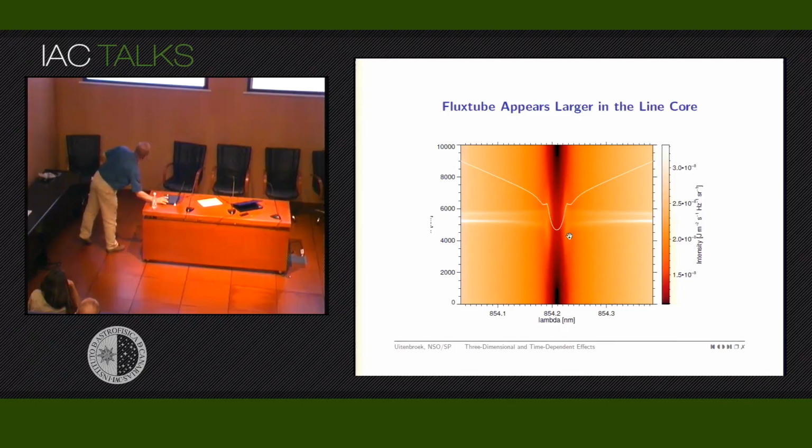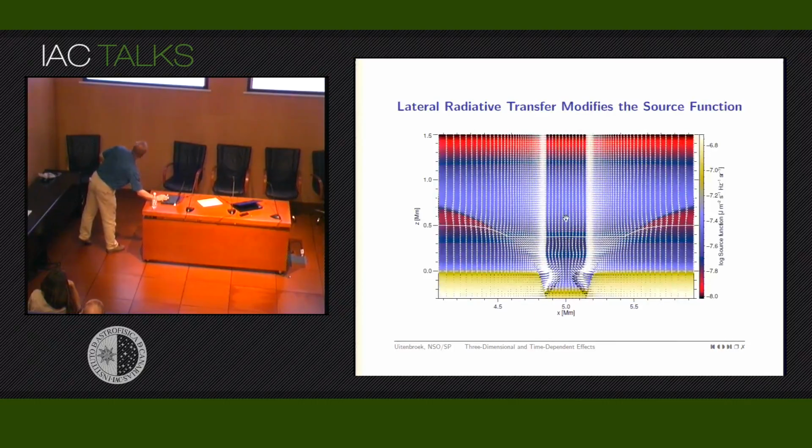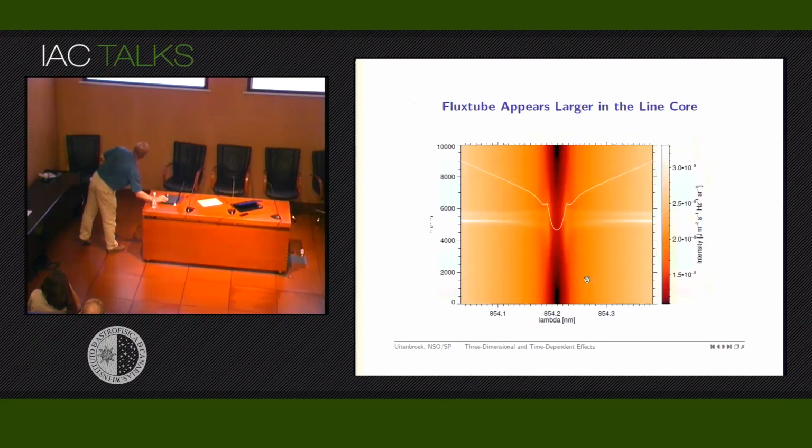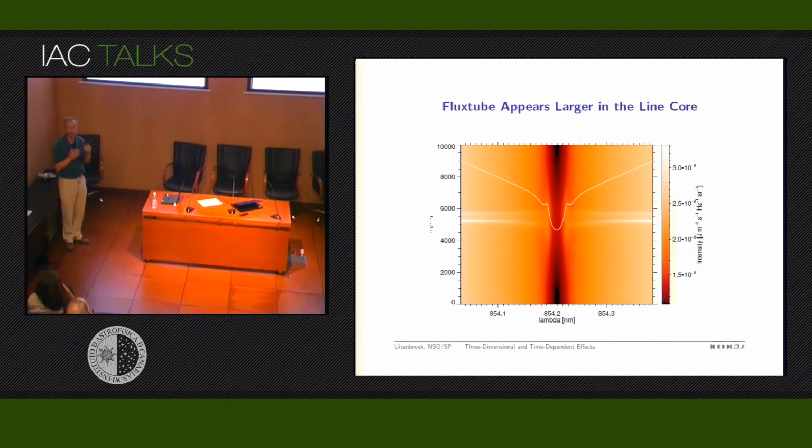When you look, for instance, like this, you see the exposed hot walls in the continuum, and that is what you see in the wings of the line. These are the flux tube walls. And then here you see that there is enhanced emission. It has nothing to do with a temperature rise, but is really the result of the horizontal irradiation into this flux tube.